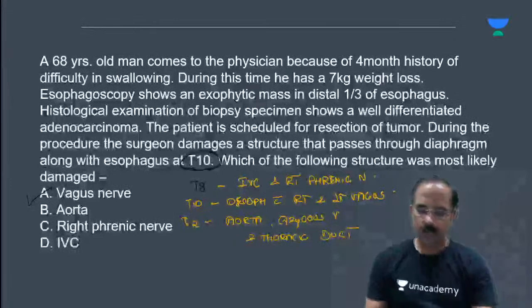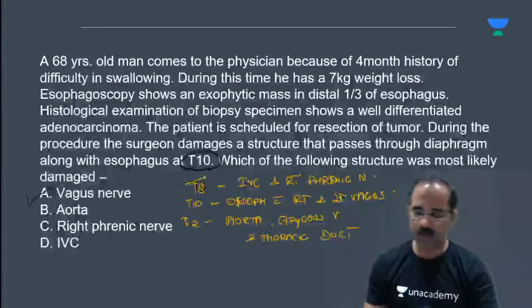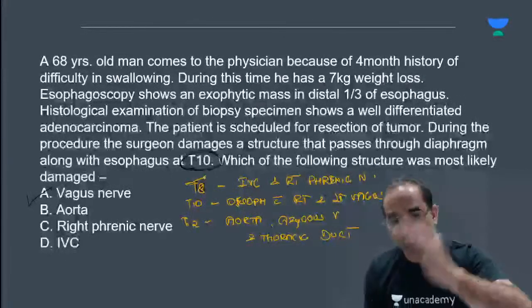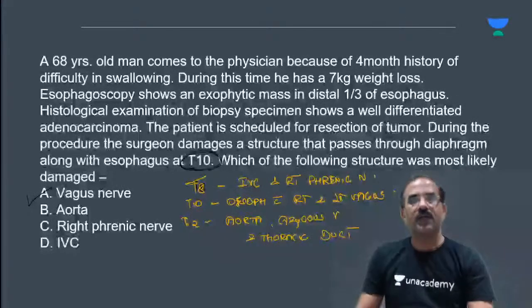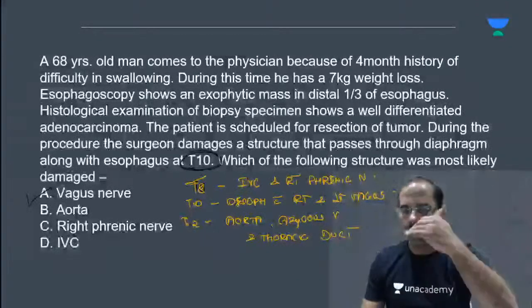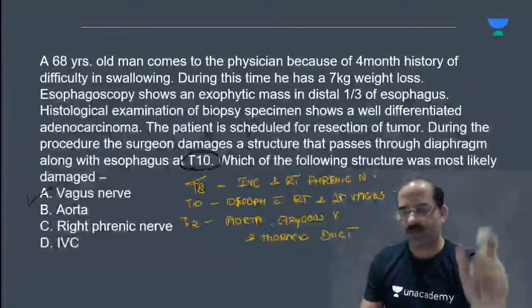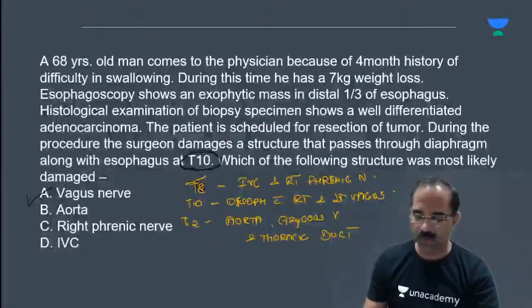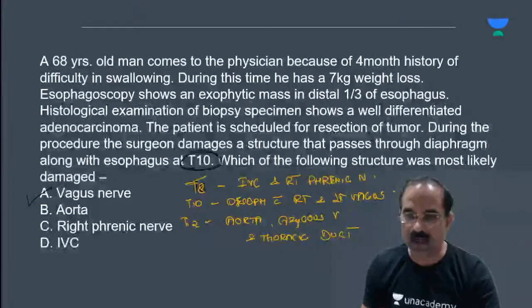Very good. So T8 is IVC and the right phrenic nerve. Remember, the right phrenic nerve goes with the IVC. The left phrenic nerve is directly going to pierce the diaphragm and enter the abdomen. T10 esophagus with right and left vagus. T12 is aorta, azygous vein and the thoracic duct.